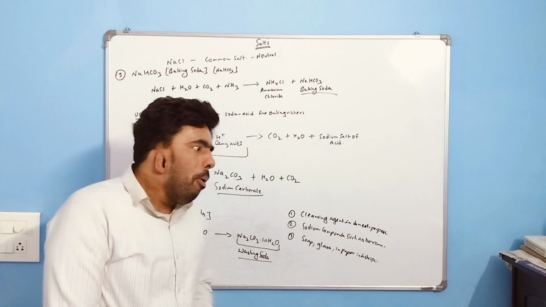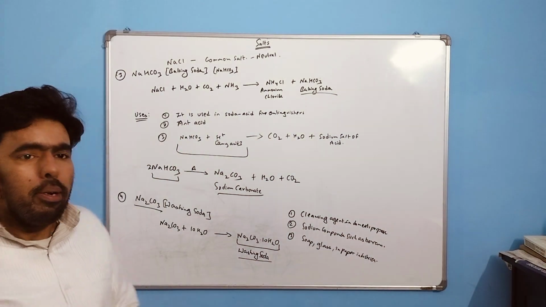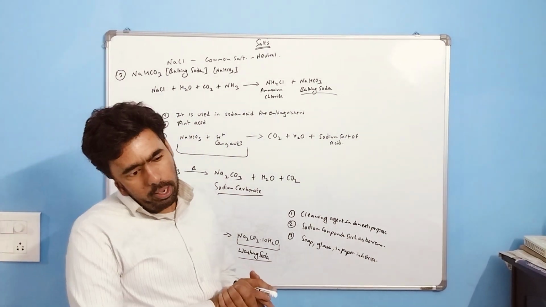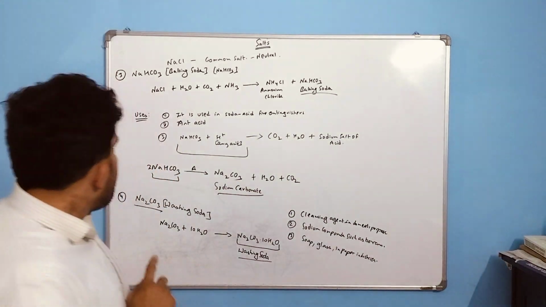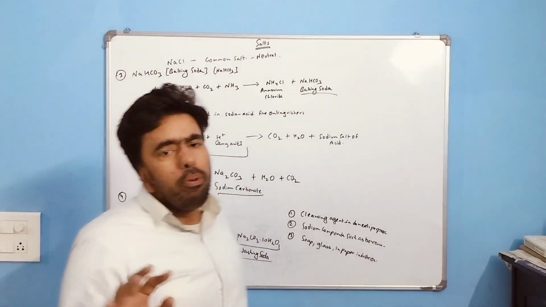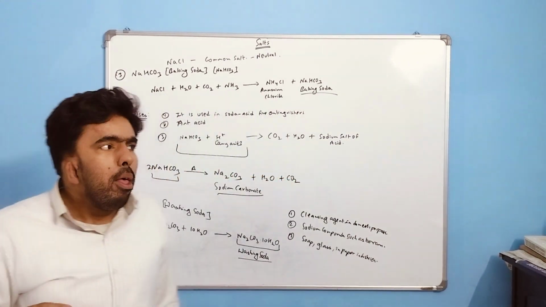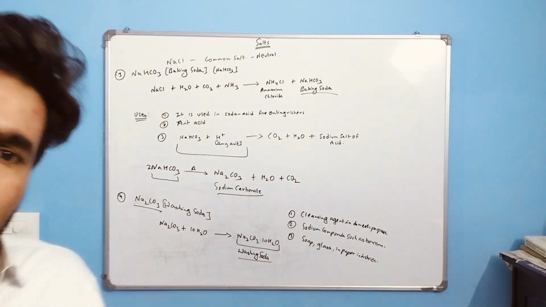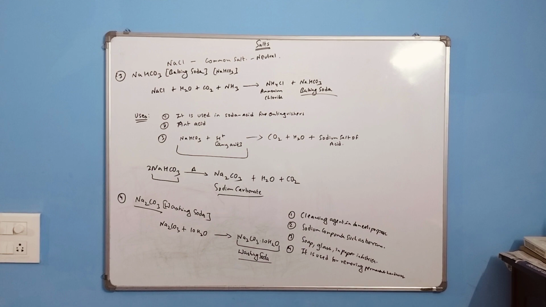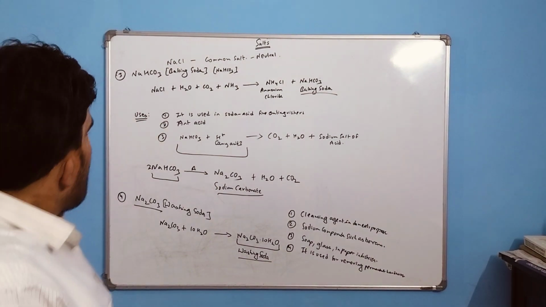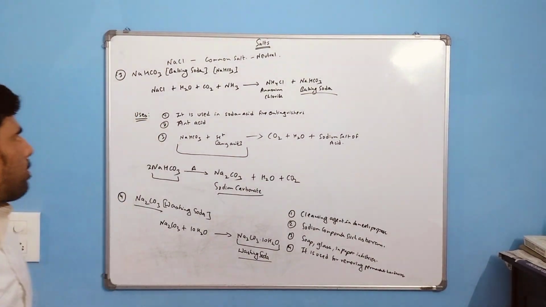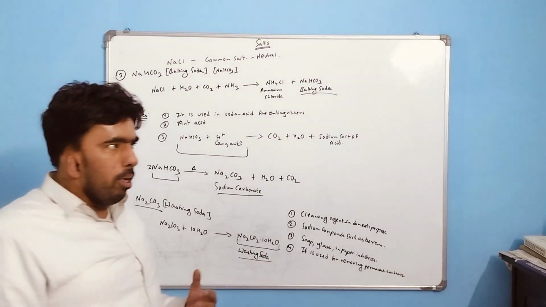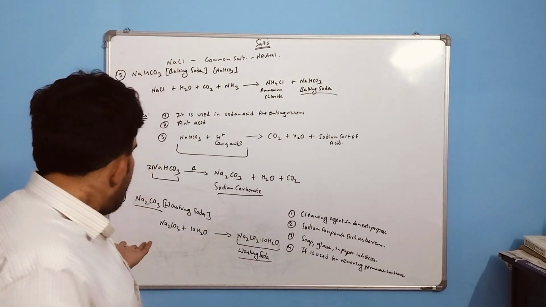Now let us talk about the next one, that is gypsum. Till now we have discussed four chemicals. Now we will study the fifth chemical. I hope we are able to explain all these four chemicals.